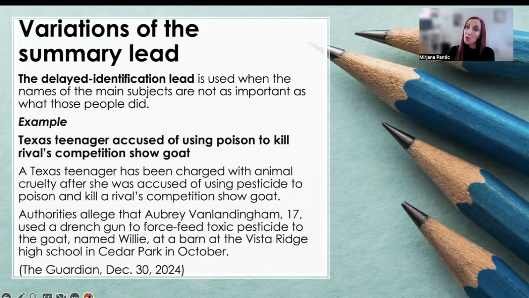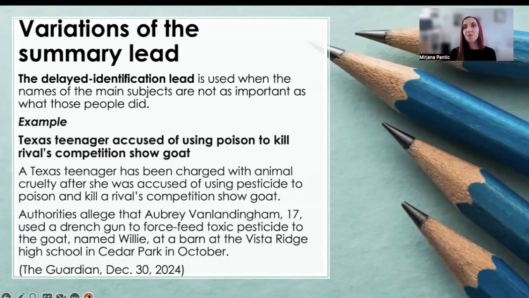Or if there are multiple people involved in a crime, we can say how many people were involved in it, and then in the second and third paragraph list their names. So they don't need to be identified right away.